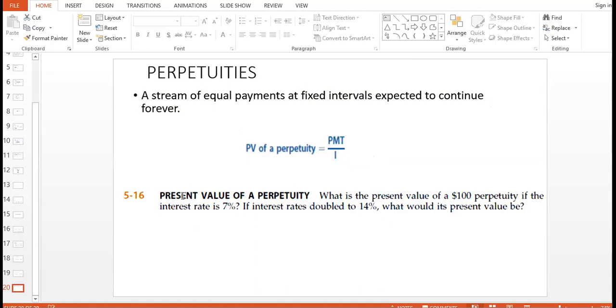So here's the problem, 5-16 from your course pack. The present value of perpetuity. What is the present value of a $100 perpetuity if the interest rate is 7%? So if the interest rate is 7% here, present value of perpetuity is equal to, we have $100 PMT should be divided by interest rate. So interest rate is 0.07.